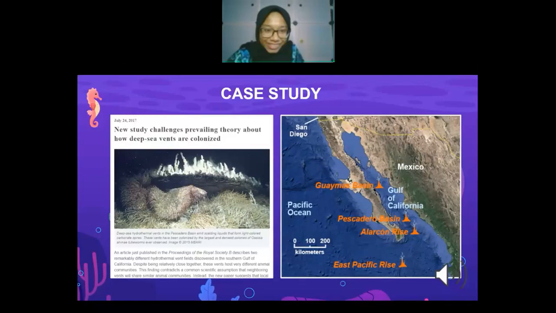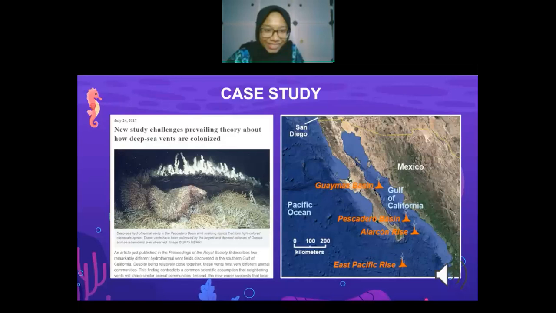The scientists from the institute and other countries analyzed collected organisms and video surveys from the hydrothermal vents in Alarcón Rise and Pescadero Basin to determine the community composition. They also made DNA analysis of the water samples to identify the larvae of vent animals and stable isotope analysis to assess food supplies at both vents.